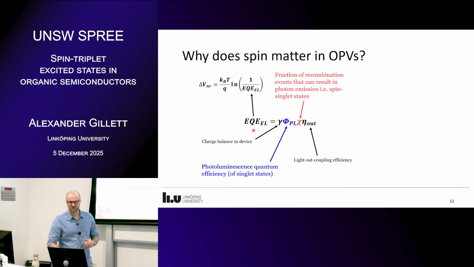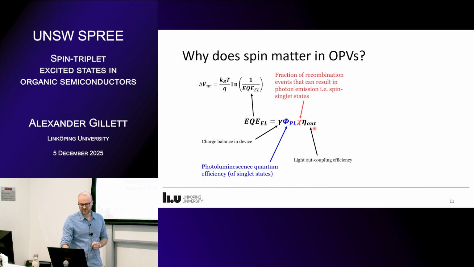So we see that the electroluminescence quantum yield of our OPV device is a function of a few factors. Things like charge balance in your device, ensuring you have an equal number of electrons and holes in your active layer to recombine, could be important. Then there's light out-coupling. In an OLED, maybe you're getting 20-30% out-coupling efficiency, so that can be a significant loss.